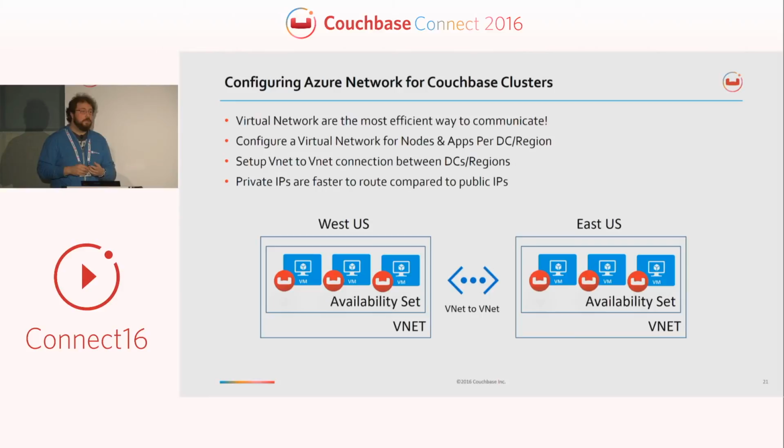For example, you can create virtual networks in different geographical locations and connect them to each other, so you can create a VPN between the Azure virtual networks. So you can have Couchbase spread across the globe in multiple locations, and they will be able to communicate through a secure tunnel. You can have one Couchbase cluster in West US and another in East US, and then they can communicate.